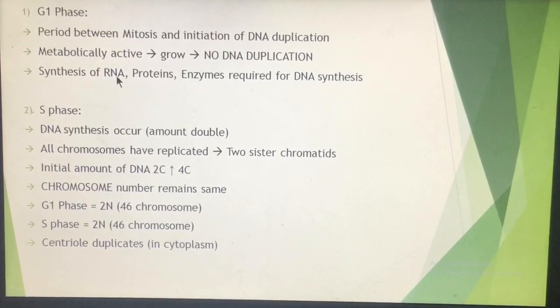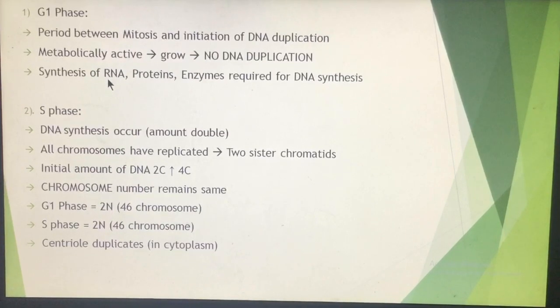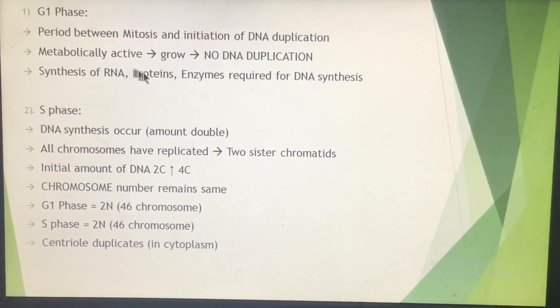RNA again is a nucleic acid which is known as ribose nucleic acid. हमारी बॉडी में हमारे हर सेल के अंदर दो तरह के न्यूक्लिक एसिड्स हैं. Okay, one is known as DNA, that is deoxyribose nucleic acid, and the other is known as RNA, that is ribose nucleic acid. Now during the G1 phase duplication of the DNA doesn't take place, but there is a synthesis of RNA, there is a synthesis of protein, and there is synthesis of many enzymes which are required for the DNA synthesis.